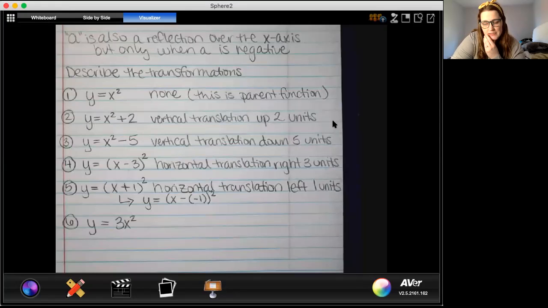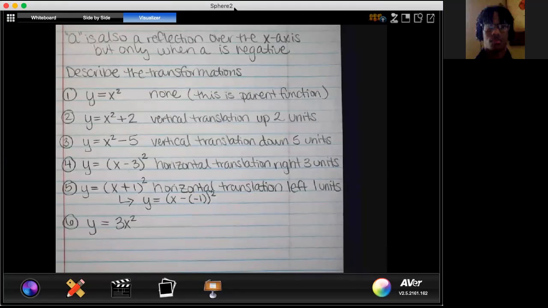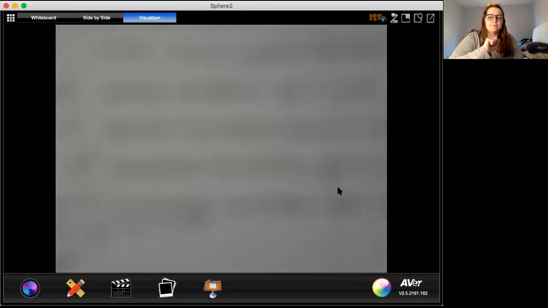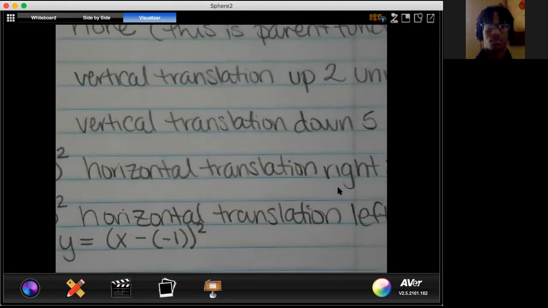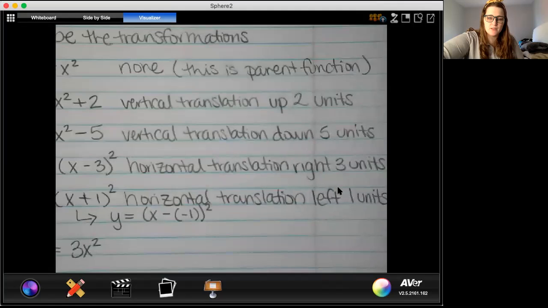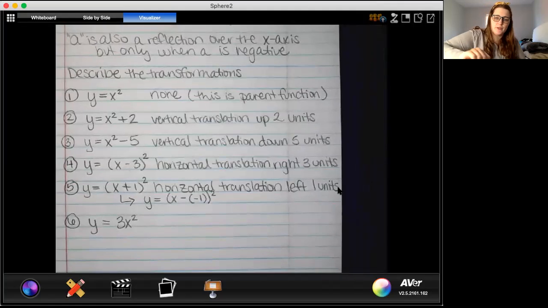Maybe someone that hasn't guessed anything yet? What do we think would happen if it's 3x squared? Is it a vertical stretch? It is a vertical stretch. Good job. Oh, sorry. I was trying to scroll on the chat and sorry.